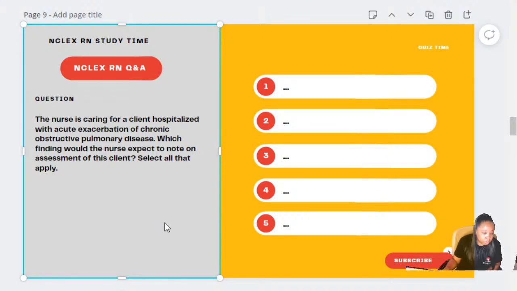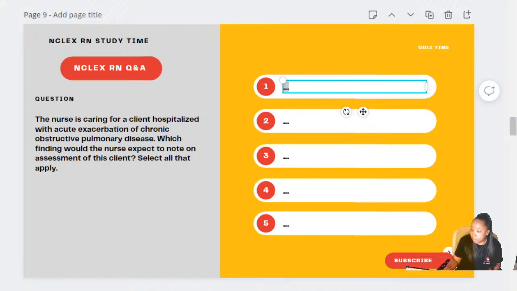So the nurse is caring for a client who has an exacerbation of COPD, and which finding would the nurse expect? What will you find in a patient that has COPD when you're doing an assessment? So the first one says hypocapnia.